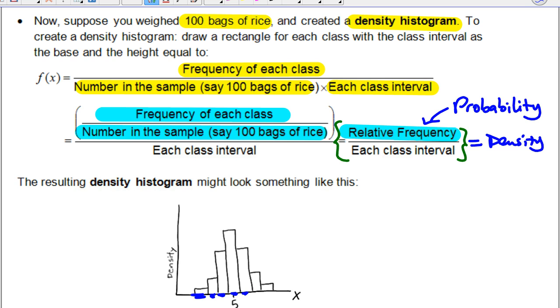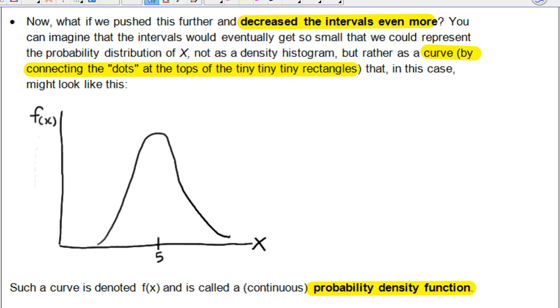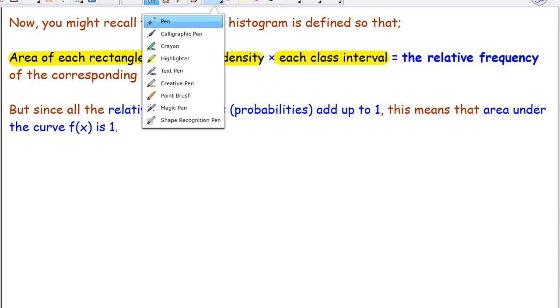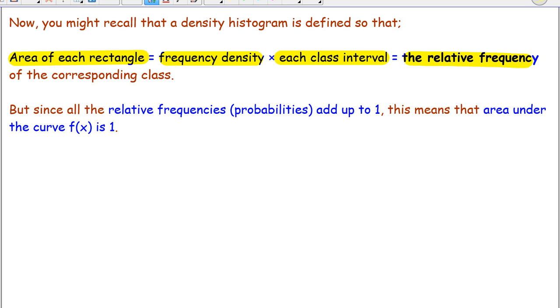So if I multiply the density by each class interval, density is what is on the y-axis, I'll end up with frequency, relative frequency, which is basically the probability. So that's where we're heading. Back here, the area of each rectangle will be equal to frequency density multiplied by each class interval, which gives me the relative frequency of the corresponding class.